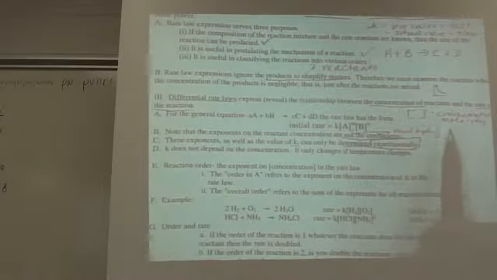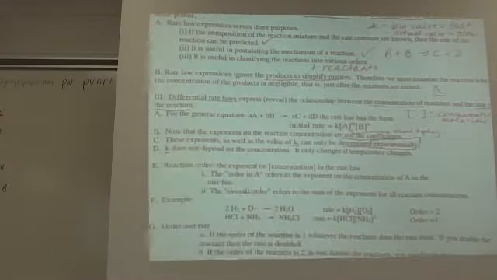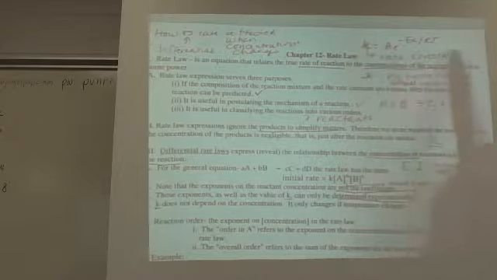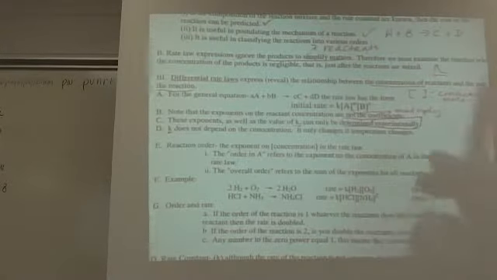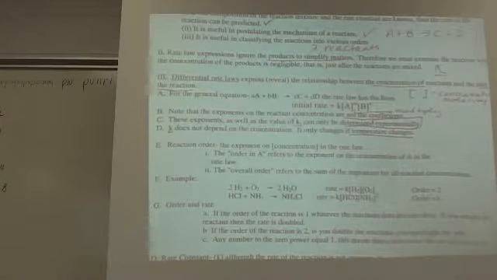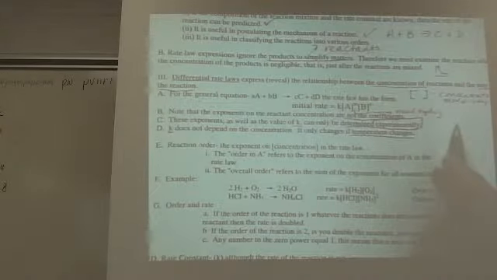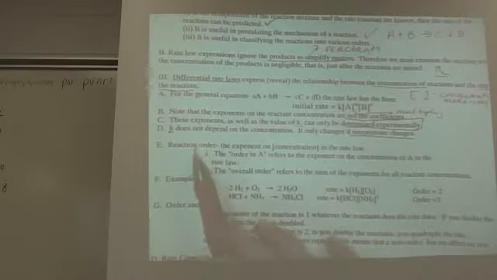I knew because I looked at the experiment. Now, K does not depend on the concentration. You can tell because in this equation, there is no concentration. However, it does depend on temperature and activation energy.